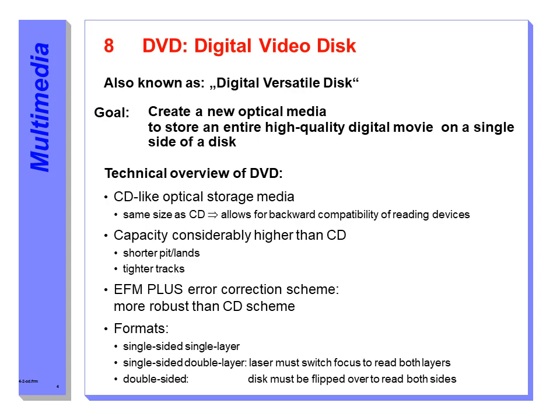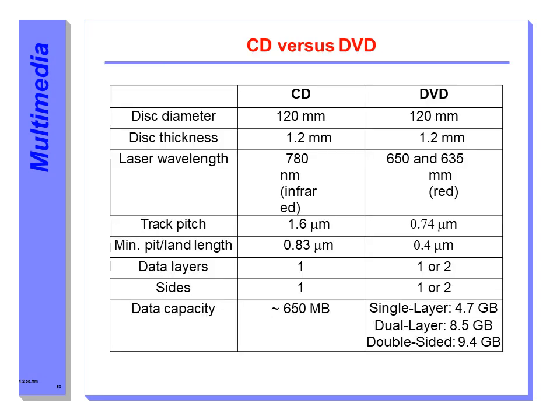Here you can see some of the differences between the CD and the DVD: the capacities, the diameter and thickness, wavelength, track pitch, number of bits per length, number of lines, different types of layers, and the surface. The CD uses one surface, while DVD, depending on the technology, can use two surfaces.